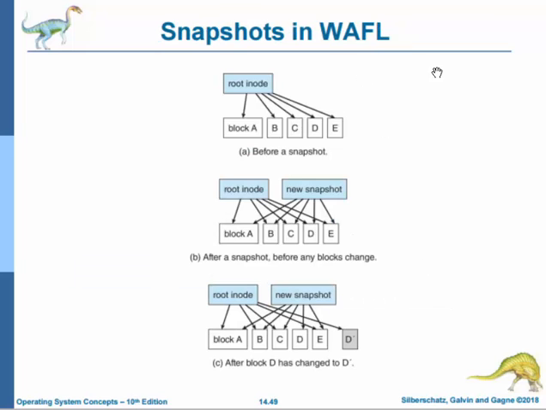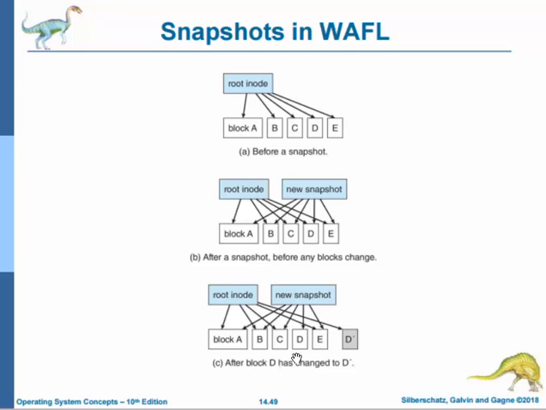Here's a representation of the snapshots in WAFL. In illustration A, you will see the root inode corresponding to typical blocks, before a snapshot is taken. If a new snapshot is created, it will create a copy pointing to the blocks. This is the snapshot before any blocks change.